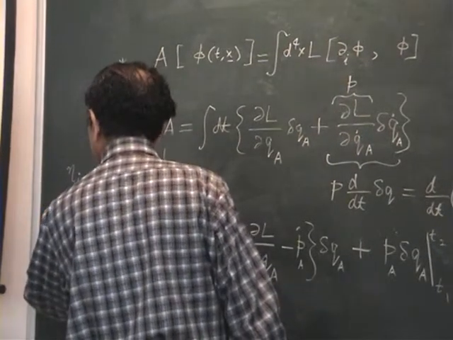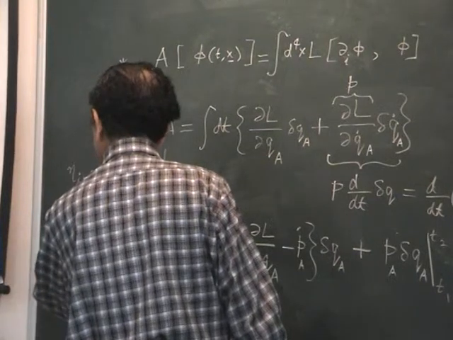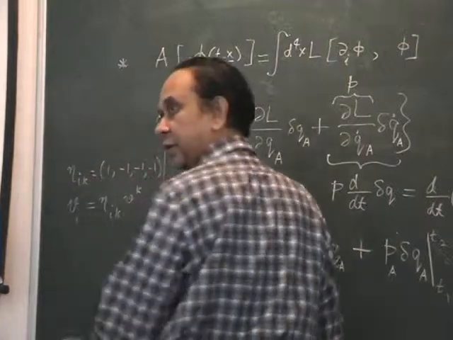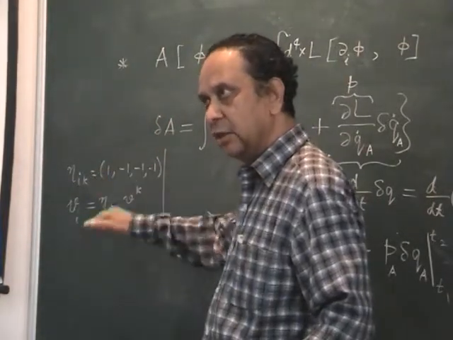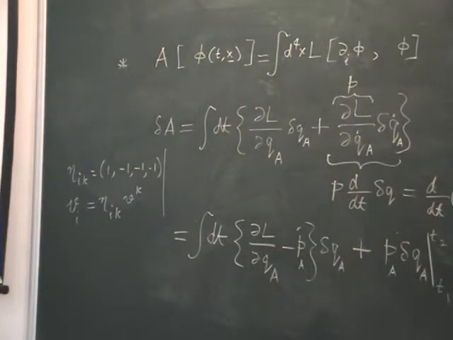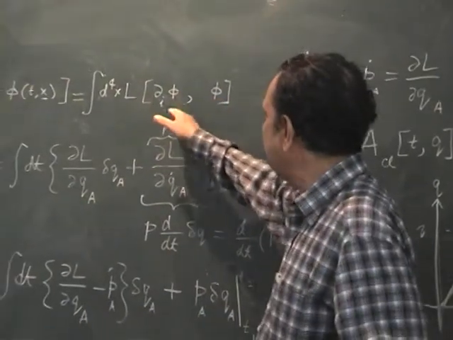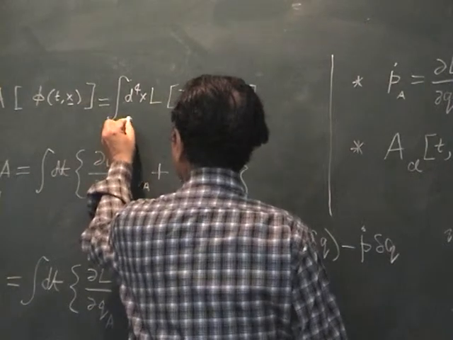So if I have some quantity, let us say V_i, that is defined as eta_ik V^k with a summation over this, which means that the time component will remain the same, and spatial components will flip sign. So that will go for everything, and then upper and lower indices will be summed over, etc. So the Lagrangian can now depend on phi and ∂_i phi, integrated over some domain which we have called V.